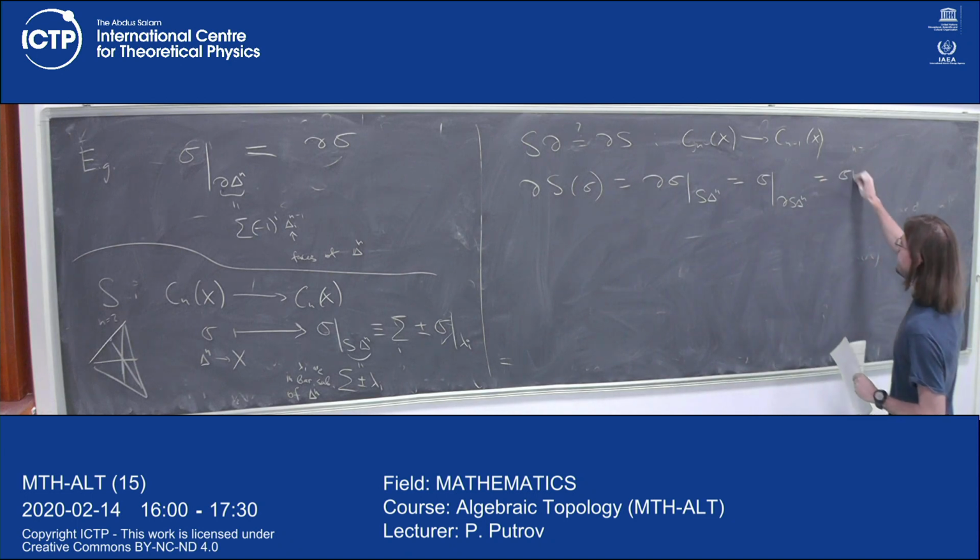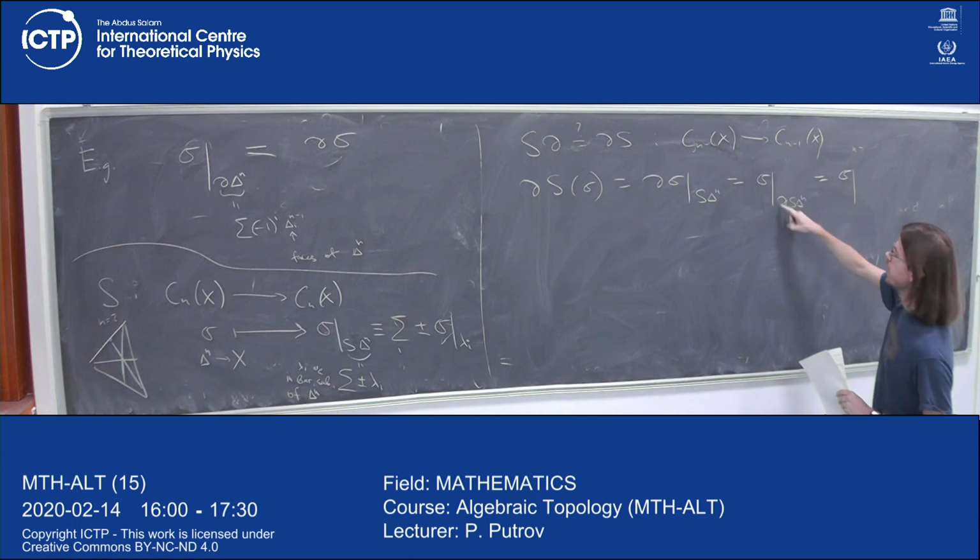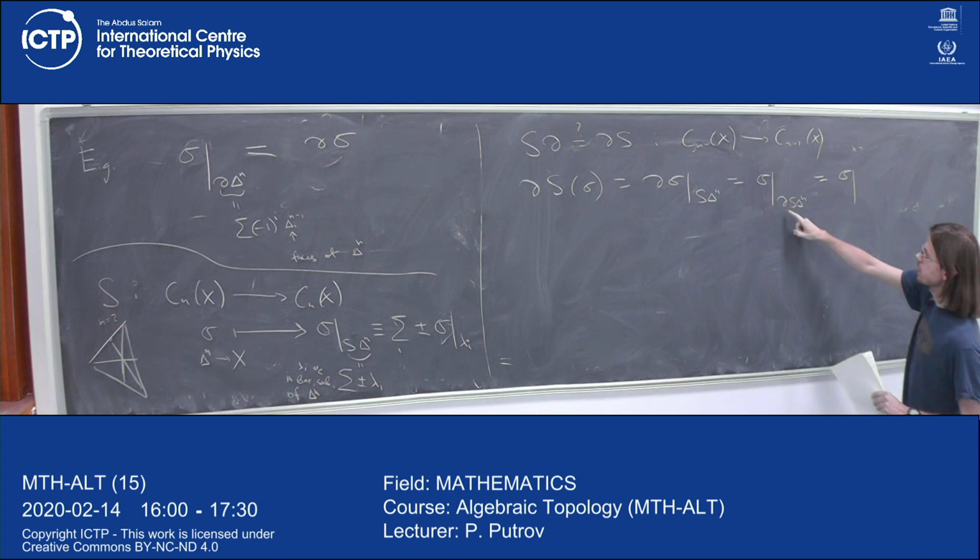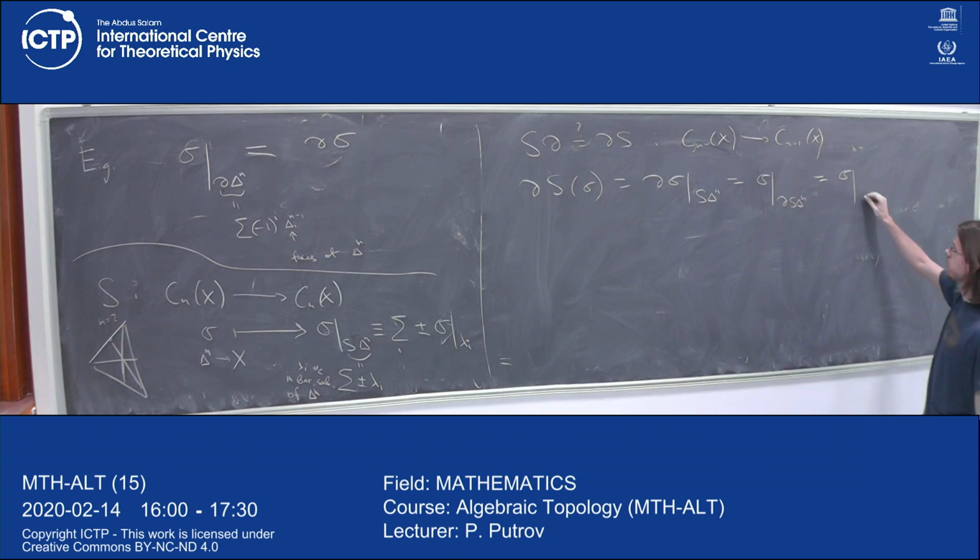And for this, we already can use this property, because here we have just a linear chain, and so this is the same as d of Δn, and then we just repeat it in reverse. So this is the same as S σ restricted to d Δn.